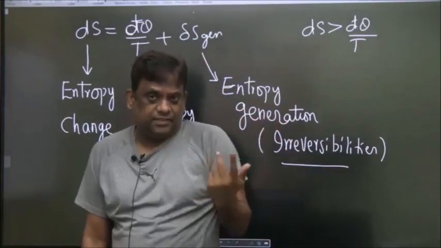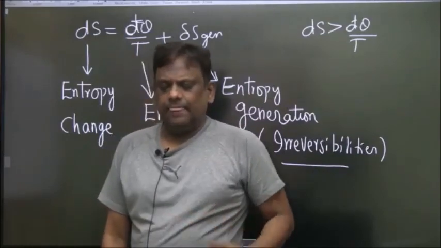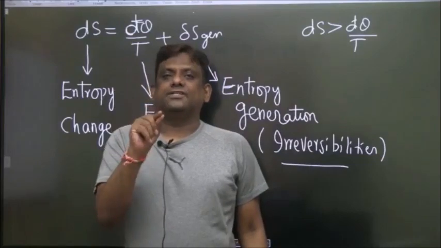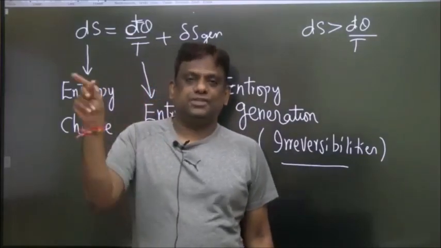In a reversible adiabatic process, first statement: entropy generation is not zero and it is positive.